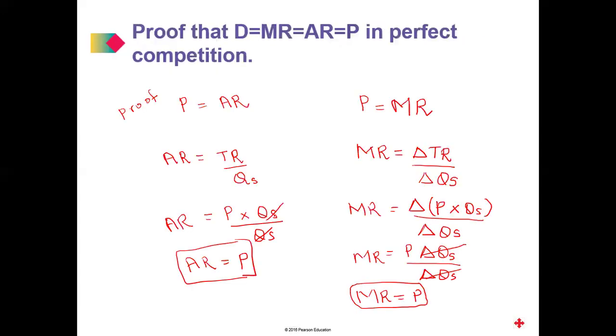And in the next slide, we have provided proof that average revenue is indeed equal to the price and marginal revenue is indeed equal to the price. Now, price is indicated by the demand table or the demand curve. So that is why we say that demand is equal to marginal revenue is equal to average revenue, and average revenue is equal to the price in the market.